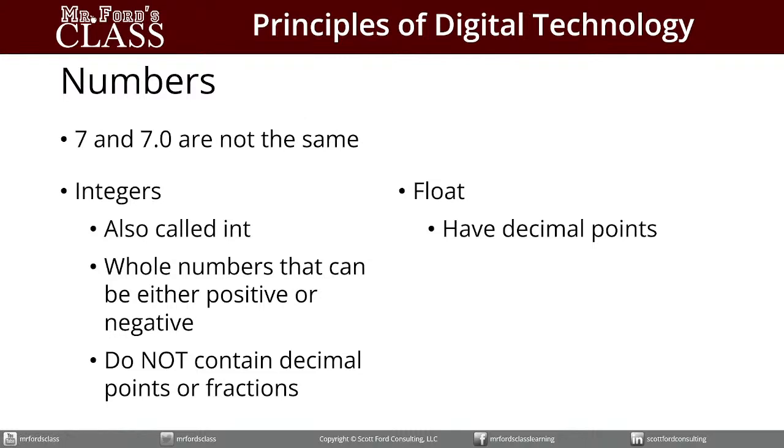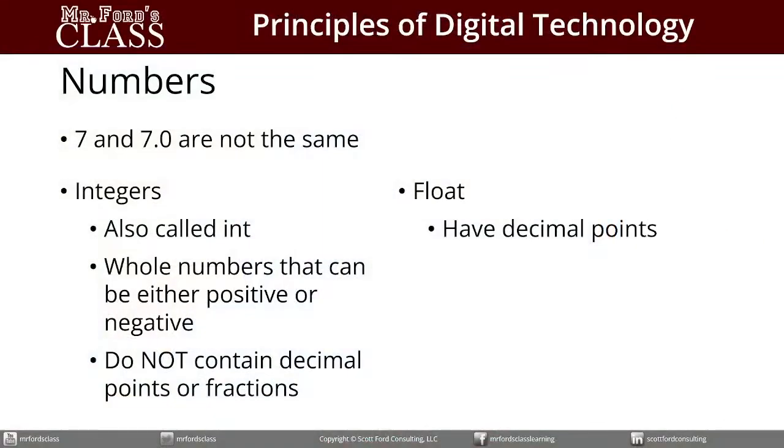The first thing we have is an integer, otherwise called an int. Whole numbers that can be either positive or negative. They do not contain decimal points or fractions, and there is the key there. An integer does not have a decimal point. An integer is not a fraction.